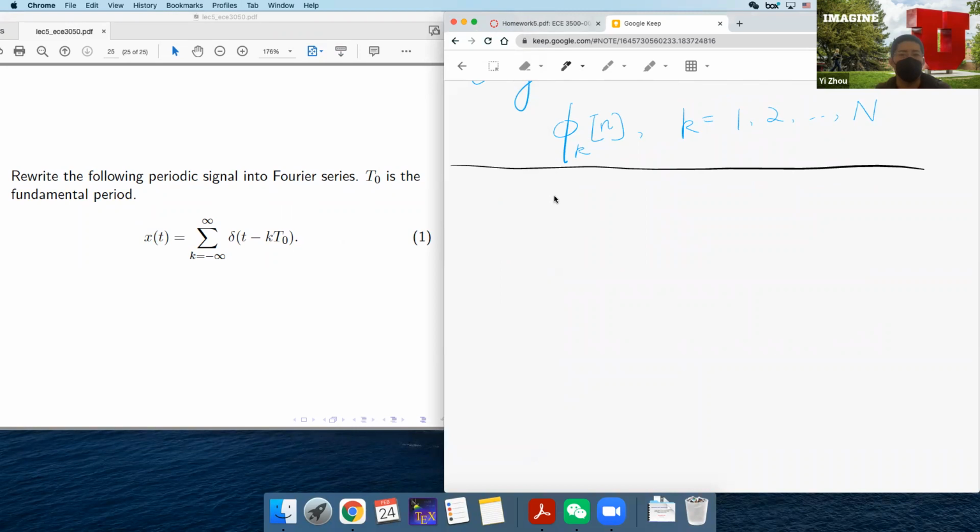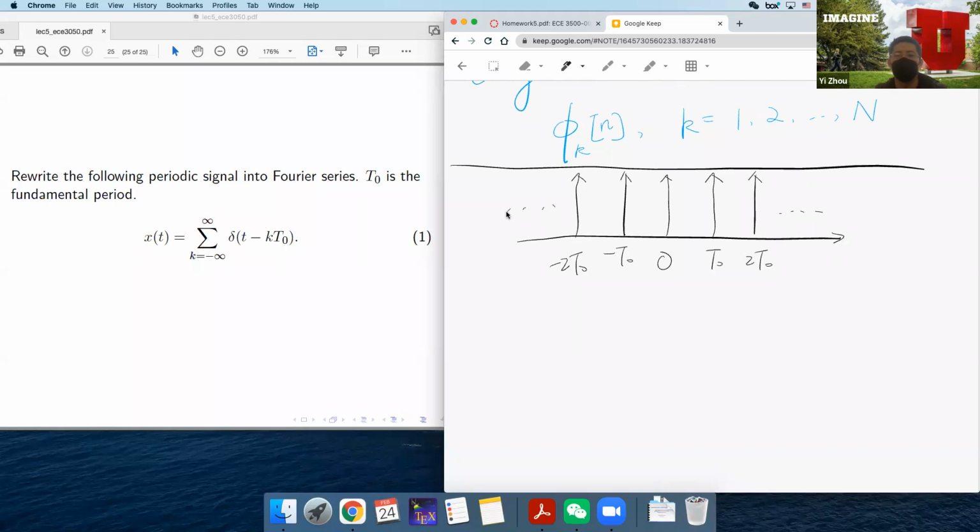And the signal looks like a summation of shifted impulse signals. So it's a periodic impulse. If you let k equal 0, we get delta(t).